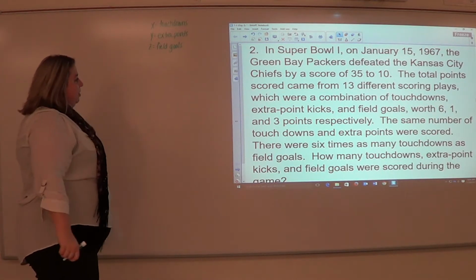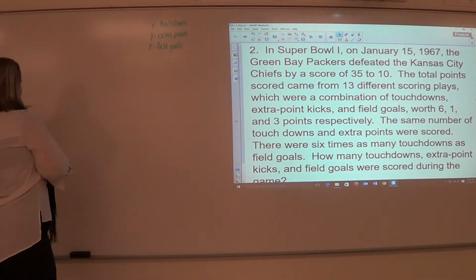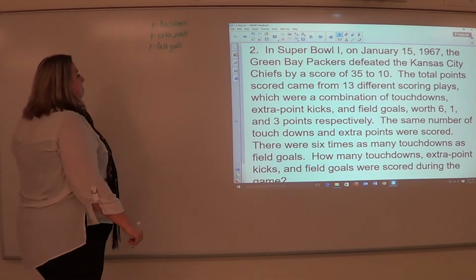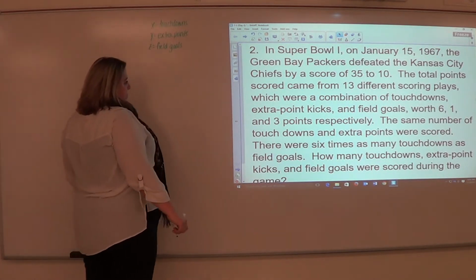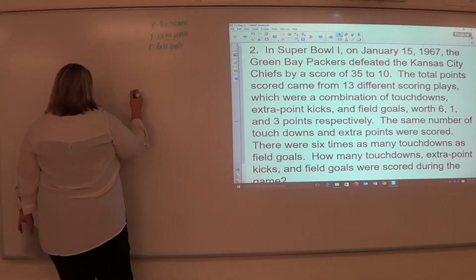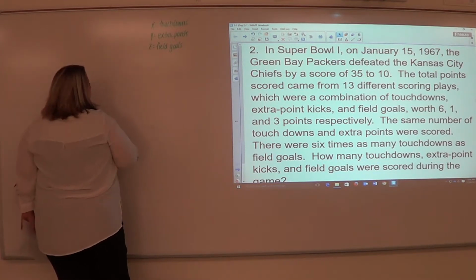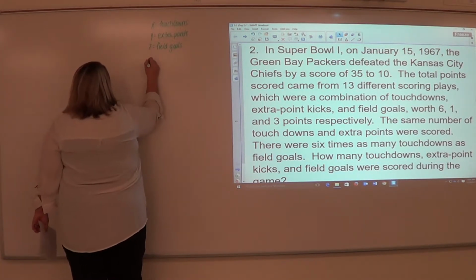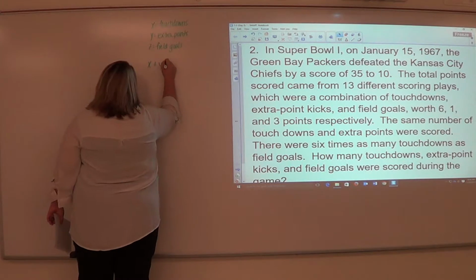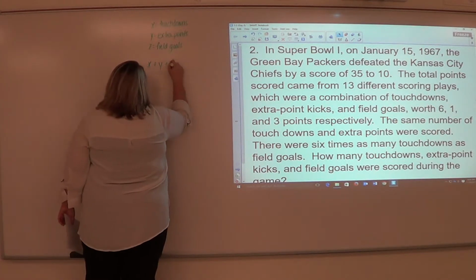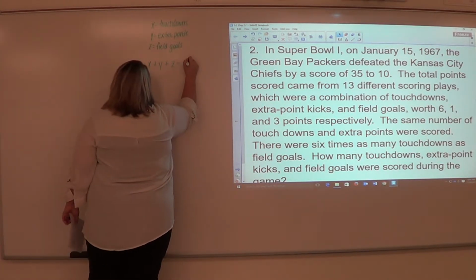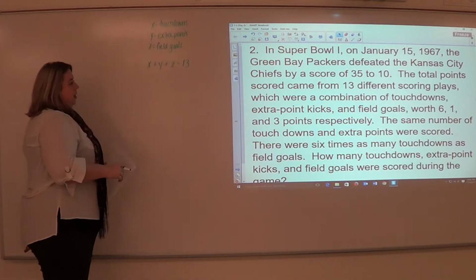Okay. How many scoring plays were there? It's 13. So if I add all of the kinds of scoring plays we had, that has to equal 13.